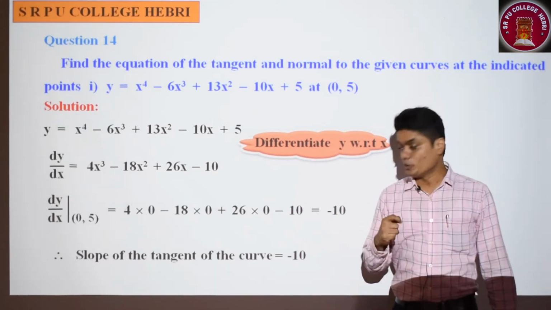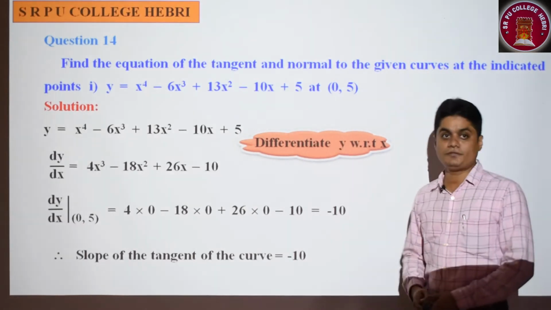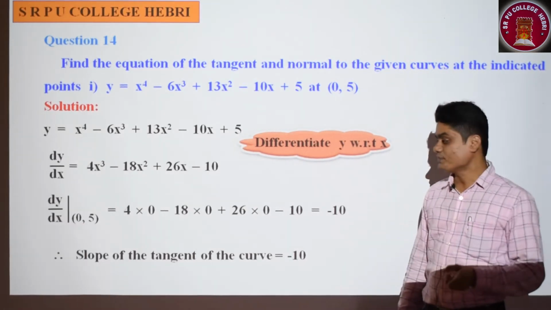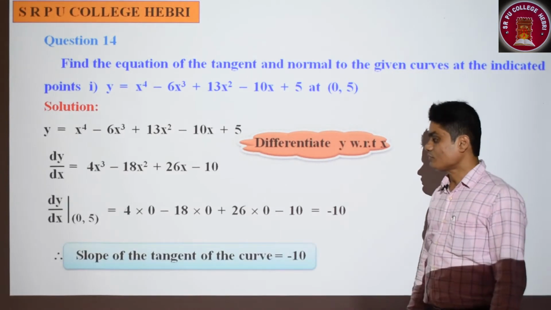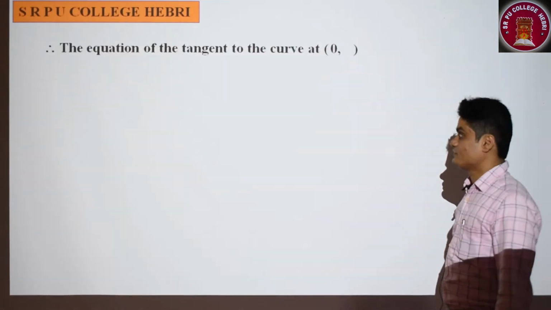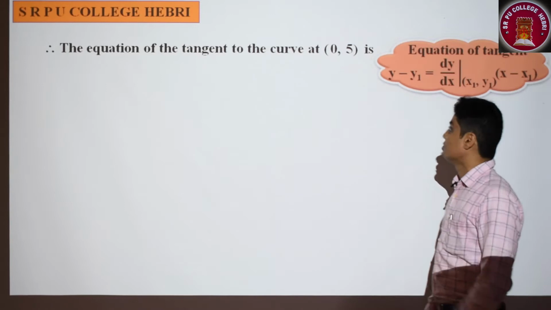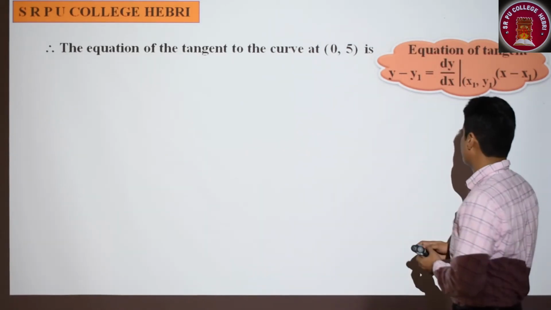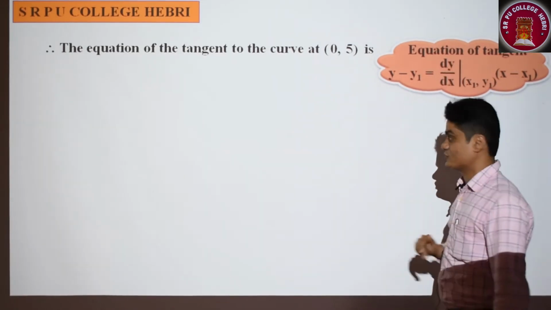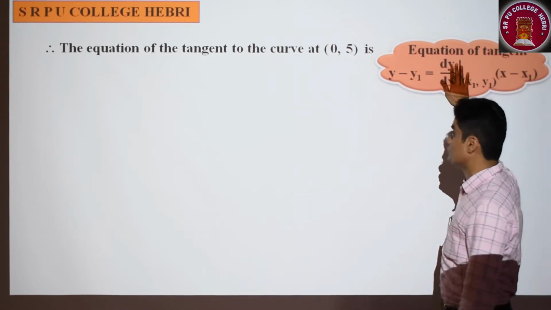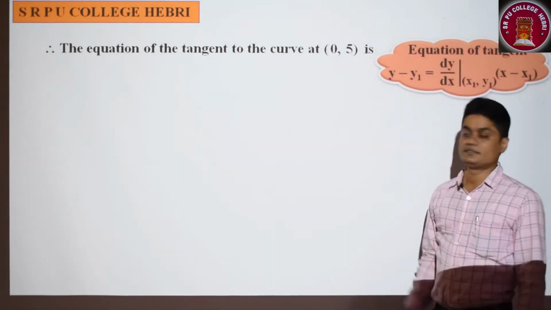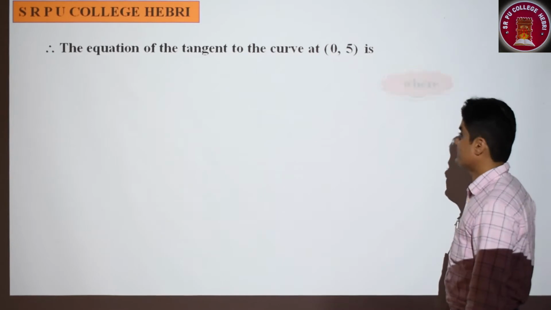You require the slope point form to get the equation of the tangent. So what is required? The equation of the tangent at the point 0 comma 5. You know the slope point form: y minus y1 equal to slope into x minus x1. You know x1, y1 and the slope, so just substitute and simplify. What will you get?